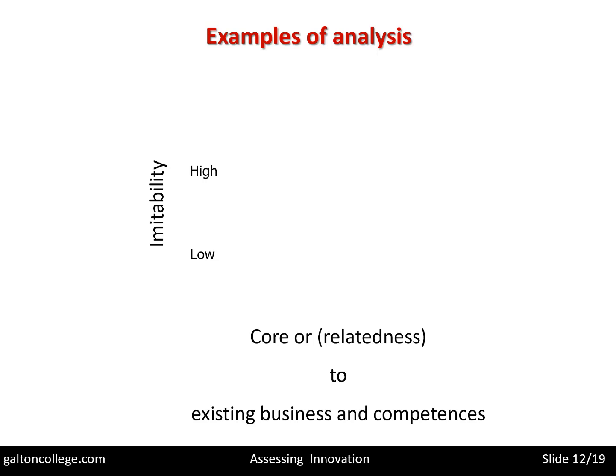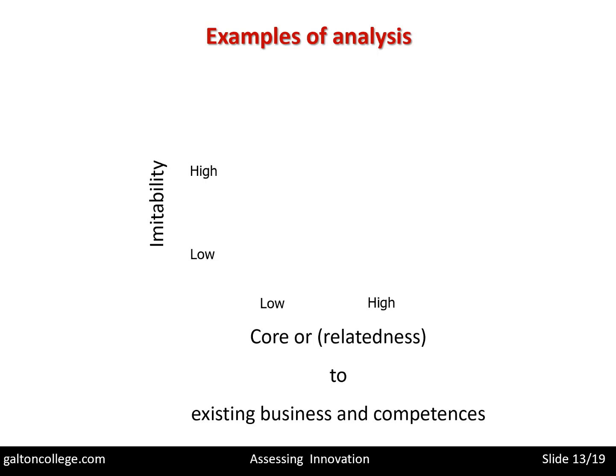Well, if we plot that on the horizontal, we could have low and high here. So a new business could be linked to what a company currently does, its current competencies, in which case there is a high correlation between the proposed innovation and what the company currently does, or it could be low.